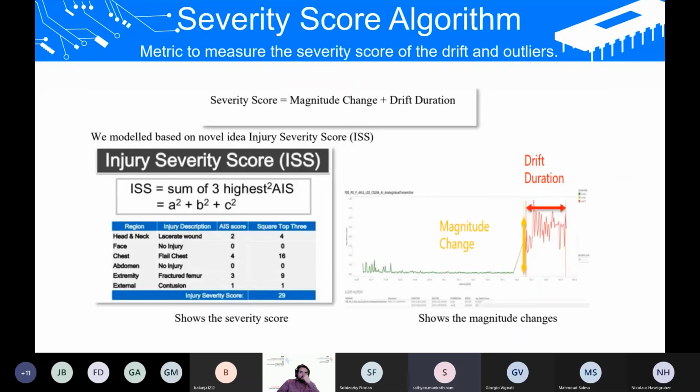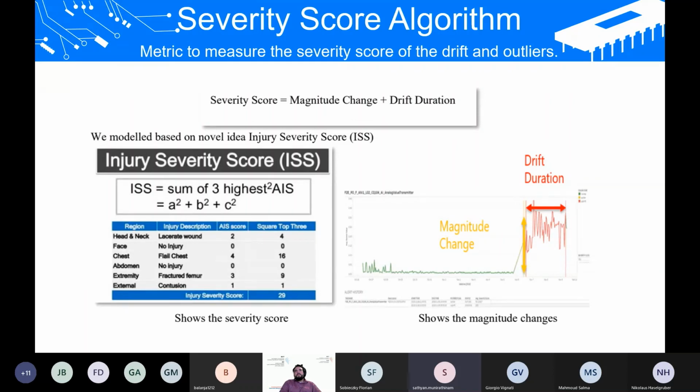The last one is a severity score algorithm, meaning that the drift can go up and down, but we still want to understand how severe it is, right? We took this from medical terms, called the injury severity score. If anyone is in an accident, they use a scoring to understand how we need to treat the patient, right?